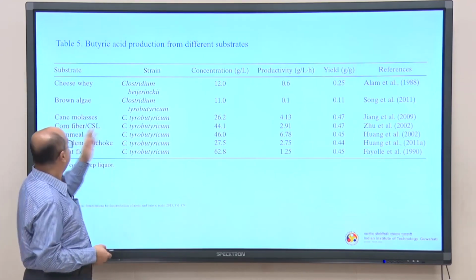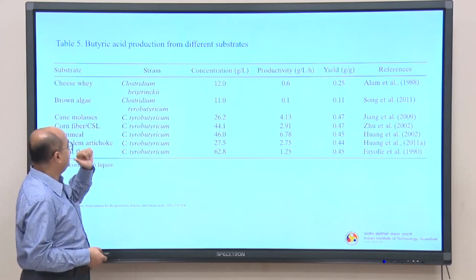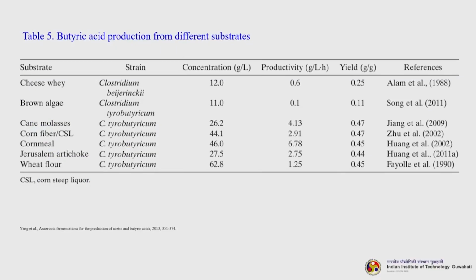If you look at the third one, the cane molasses using Clostridium tyrobutyricum, you can see the concentration is 26.2, productivity has increased manifold, 4.13. Similarly, if you look at corn meal and again the same Clostridium species, you can see that productivity is increased manifold again, 6.78 grams per liter per hour.